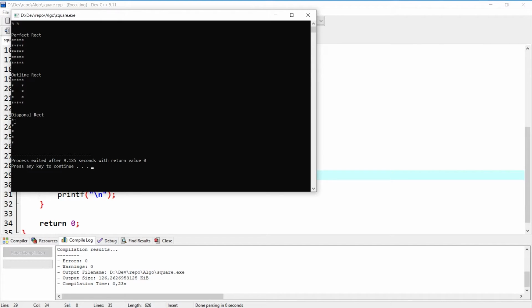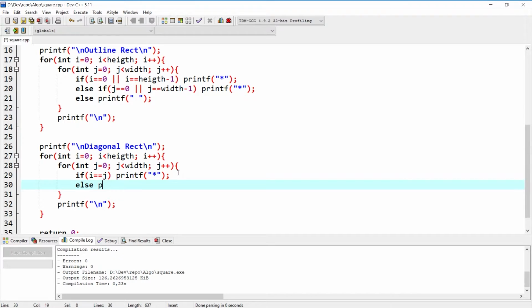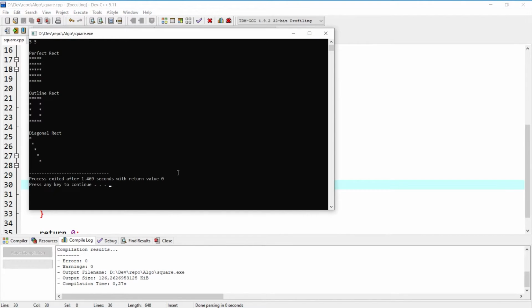But you're missing to print the space. Whenever your i not equals j, then you need to print the space. Else printf space, something like this. So let's check it again. 5. Good. This is our very first diagonal, right?